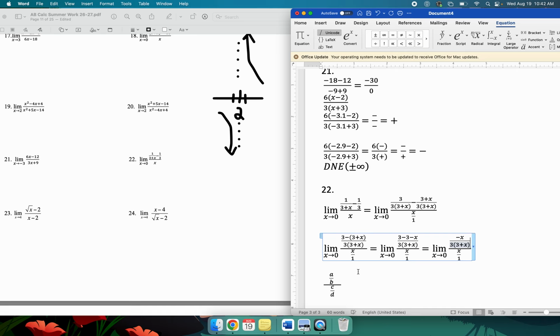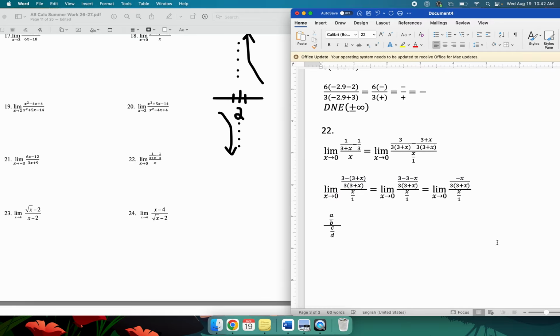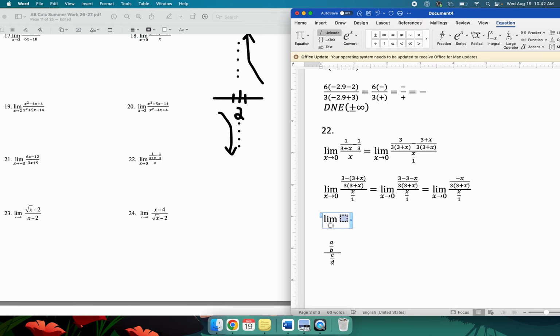Now my complex fraction is finally in this form, one fraction divided by another, which means I can use keep it, change it, flip it. So I'm going to keep the first fraction, negative x over 3 times 3 plus x, the same, change the division to multiplication, and flip the denominator.